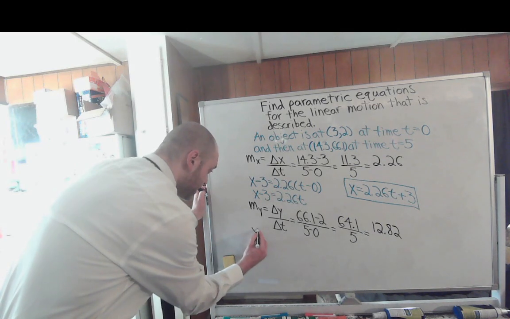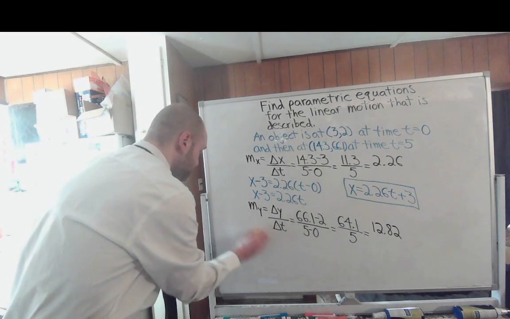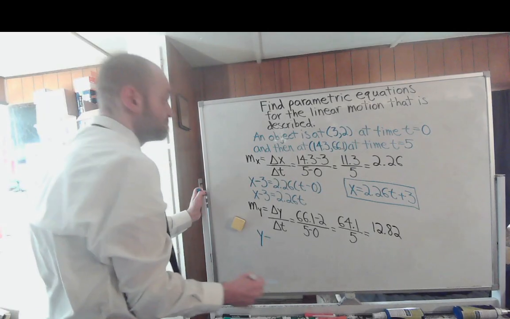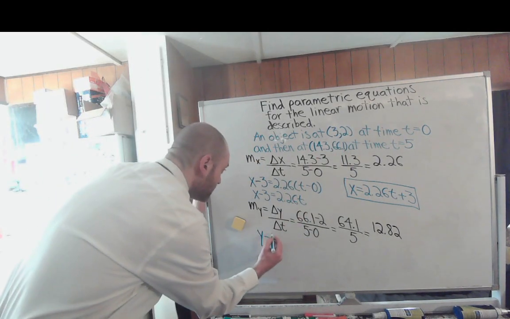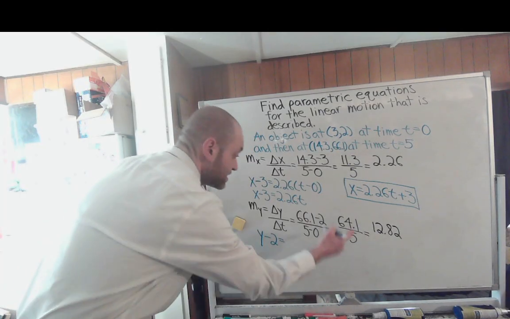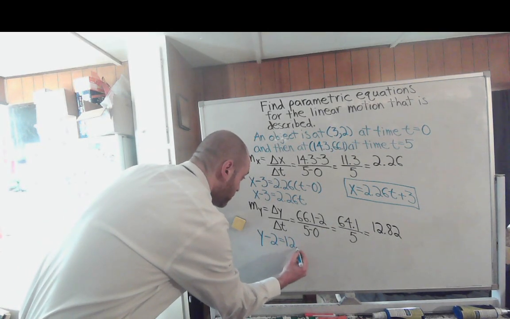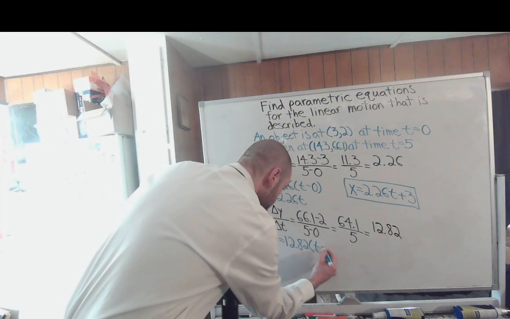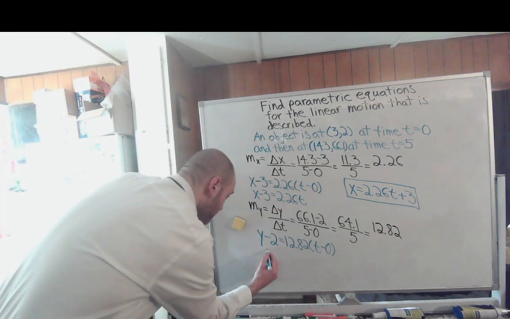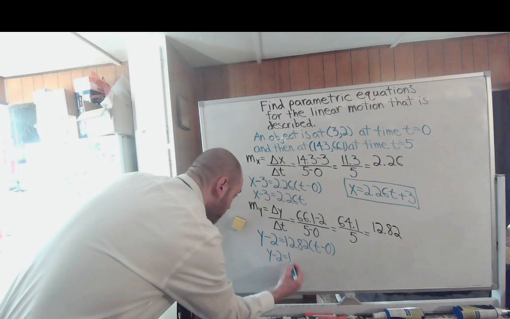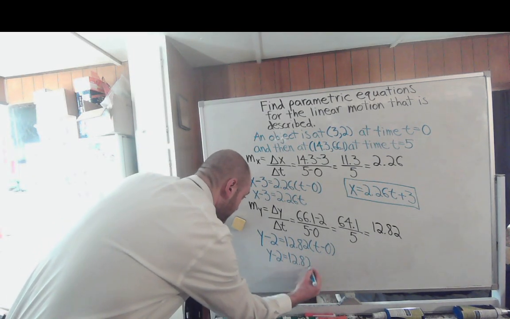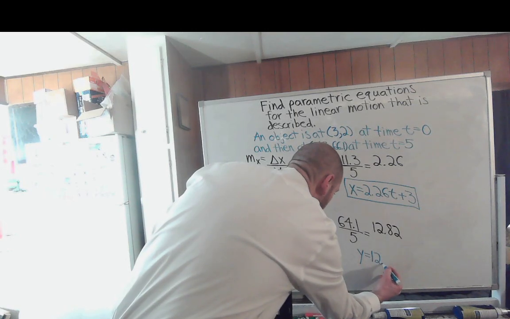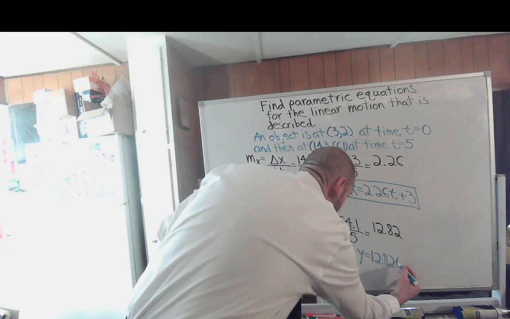For y, I take, let me write in blue so we can see where we're at. If I take y minus my first y of 2, set that equal to my slope for the y line, which is 12.82, times my t minus my first t of 0, I'll end up with y minus 2 equals 12.82t, or simply put y equals 12.82t plus 2.